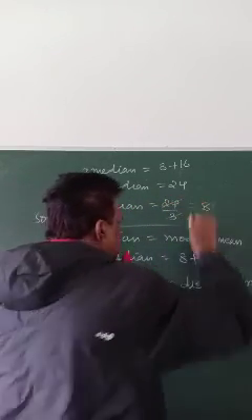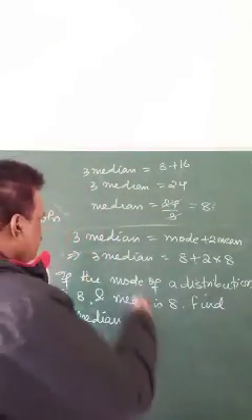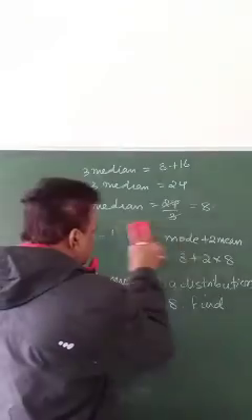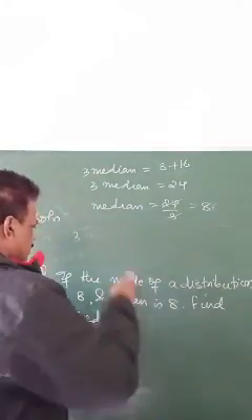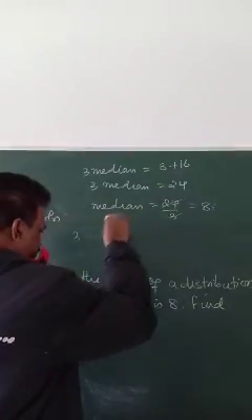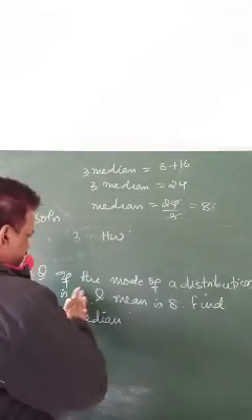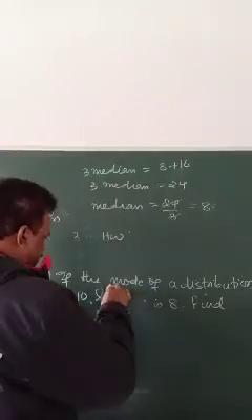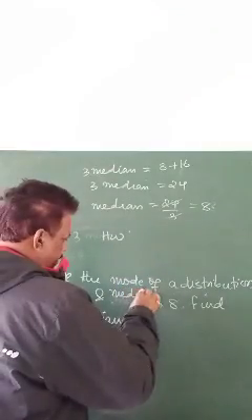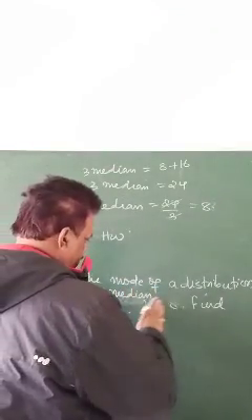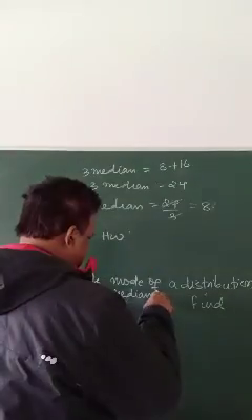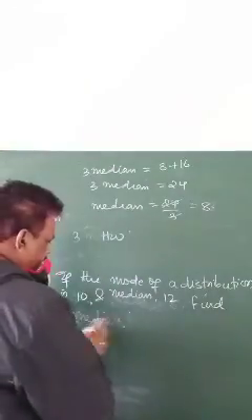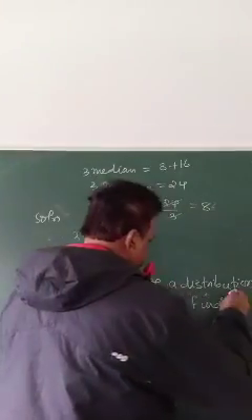That is it. So one homework for it: if the mode of the distribution is 10 and median is 12, find its mean.